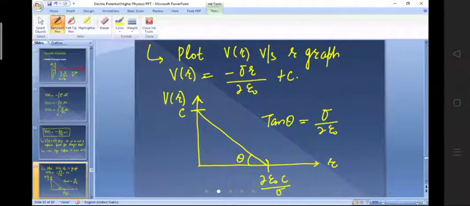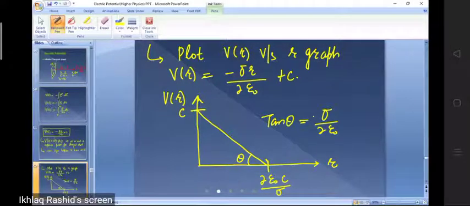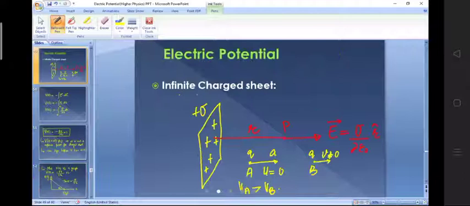Tan theta is equal to this. Rather, it is minus sigma divided by 2 epsilon naught, which implies that the slope is negative and the intercept is positive.